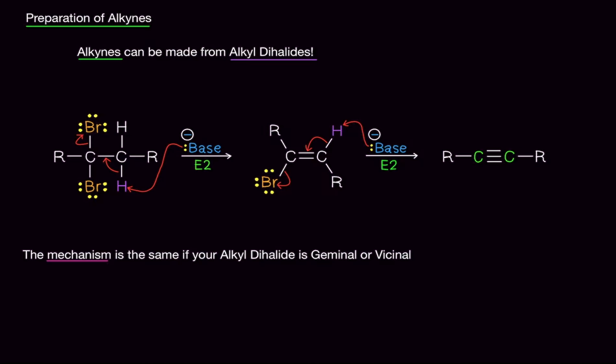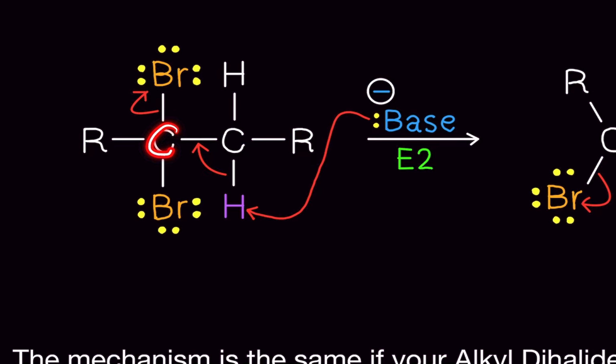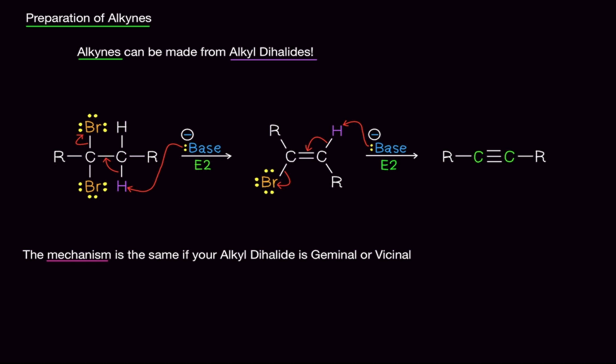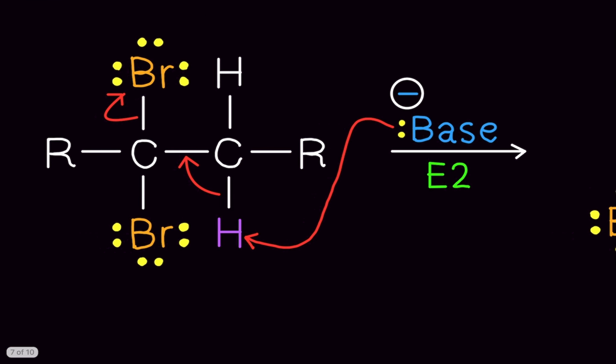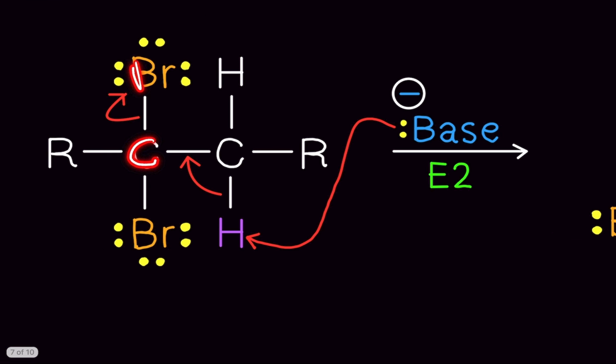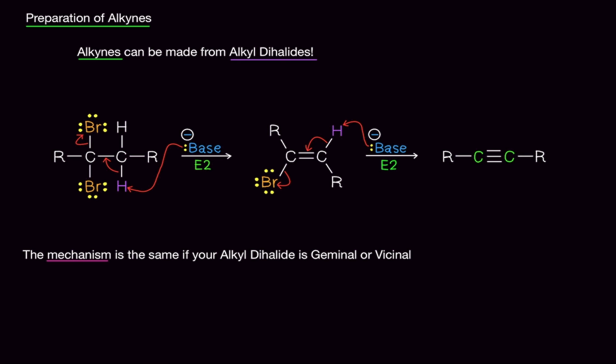Now the mechanism is the same if your alkyl dihalide is geminal or vicinal. What geminal means is the 2 halides on the alkane are on the same carbon. You'll see that this carbon is bonded to 2 halogens. This is geminal. If this carbon had only one halogen and then this carbon had the other halogen, that would be vicinal.